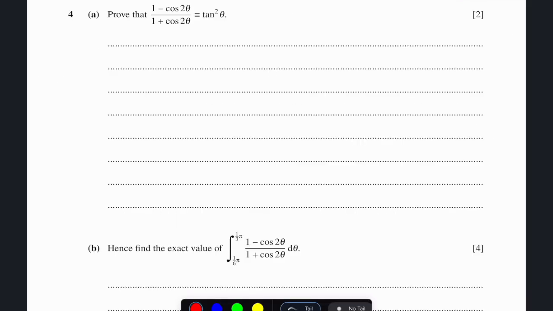Alright guys, now for number 4a, it says prove that (1 minus cos 2 theta) over (1 plus cos 2 theta) is equivalent to tan squared theta, right? So the trick here is to say the following.